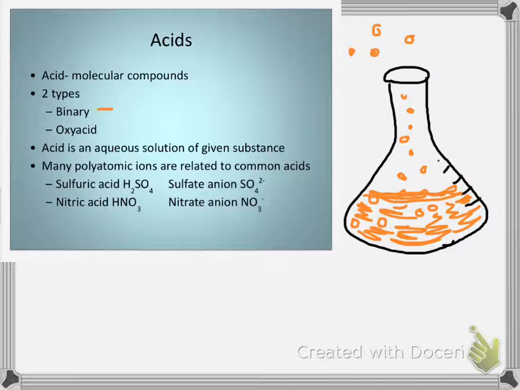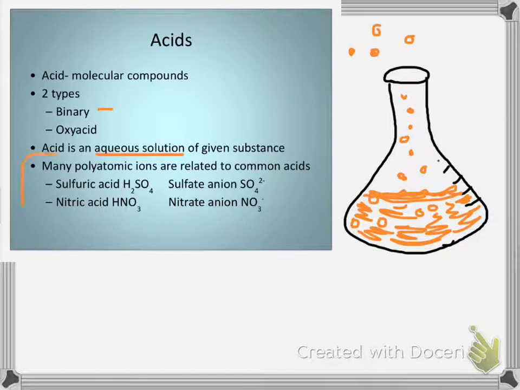Yes, oxygen. And acids, interestingly enough, are always aqueous solutions of whatever the substance is. So you cannot have a solid that is an acid. It only becomes an acid once it's put in aqueous solution. A lot of these compounds, when they're not in aqueous solution, exist as gases, actually.